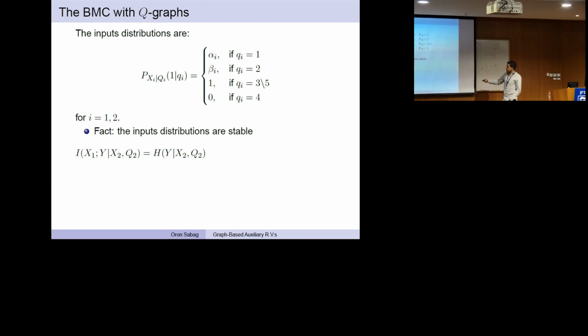So this is just a schematic derivation. The channel is deterministic, so the mutual information boils down to this conditional entropy. And once we compute the stationary distribution, the other terms can be evaluated very easily. This is single letter, and I will skip the technical steps, but the main idea is to compute the stationary distribution on Q1 and Q2 on the graphs.